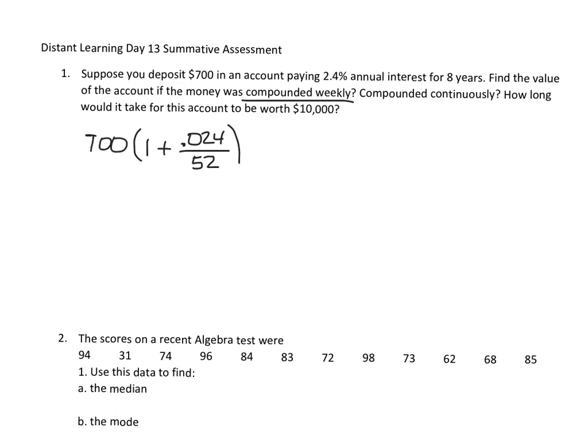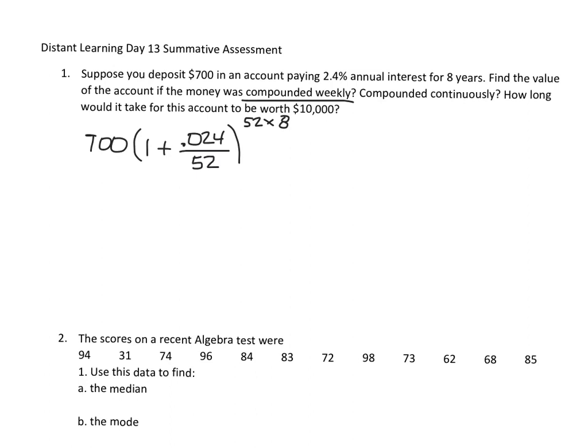And then the particular power would be how many weeks there are in 8 years, which would be 52 times 8, which I believe is 416. So you would calculate that and get the amount that it's worth compounded weekly.